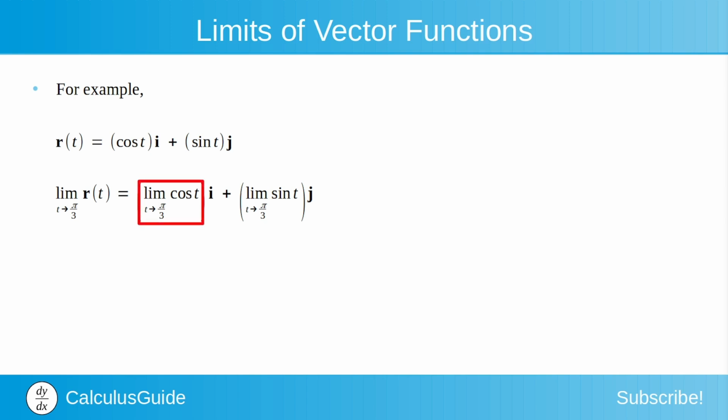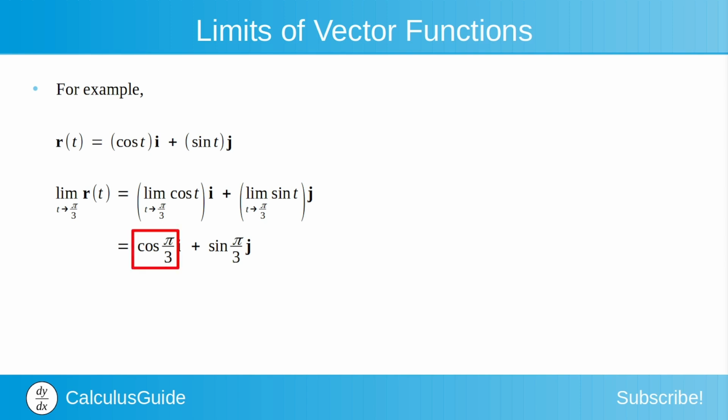Cos t approaches the limit cos pi over 3 as t approaches pi over 3, and sin t approaches the limit sin pi over 3 as t approaches pi over 3. So r of t approaches the limit cos pi over 3 i plus sin pi over 3 j as t approaches pi over 3.